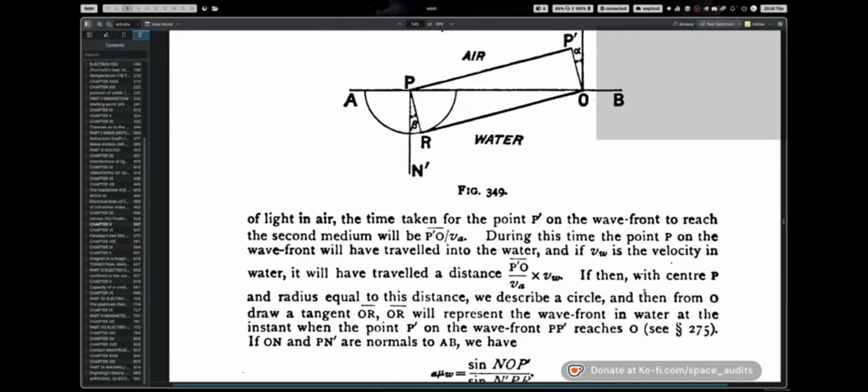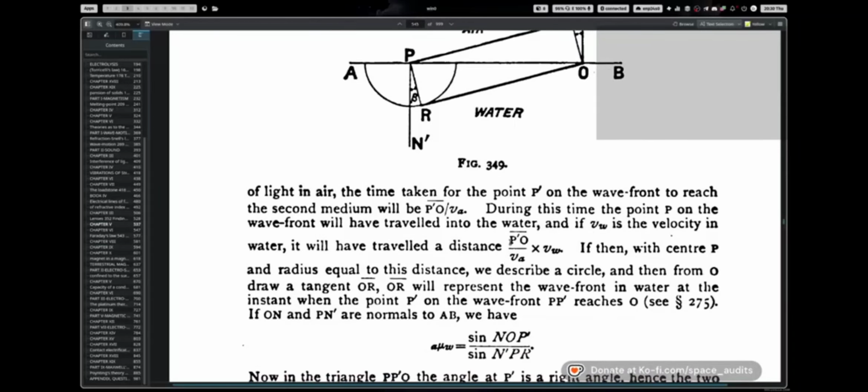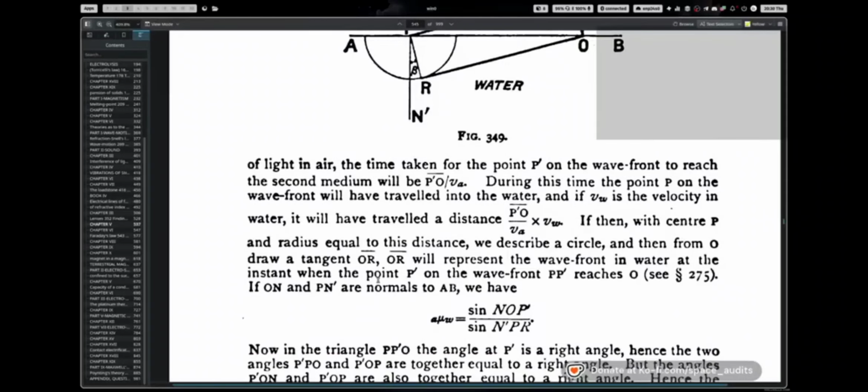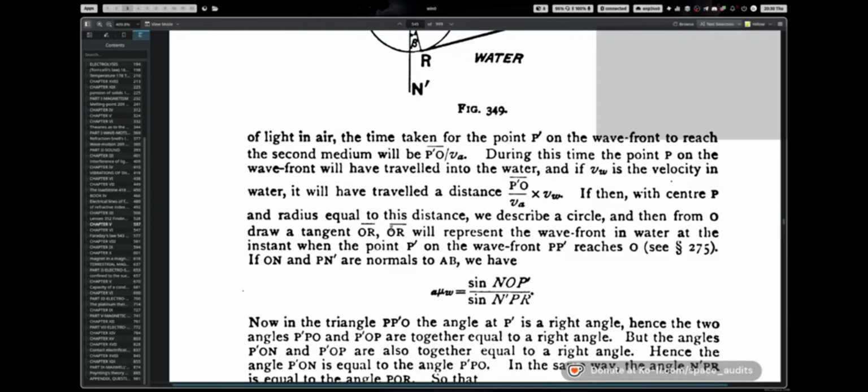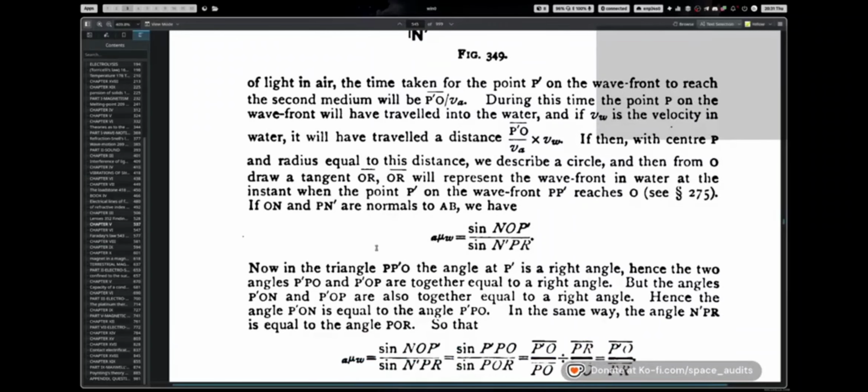And if with center P and radius equal to this distance we describe a circle, and then from O draw a tangent, OR, then OR will represent the wavefront in the water at the instant when the point P prime on the wavefront reaches O. If ON and P N prime are the normals to AB, we have the equation alpha mu water is equal to the sine of NOP prime over the sine of N prime PR.